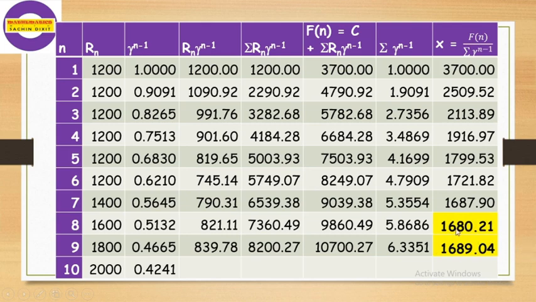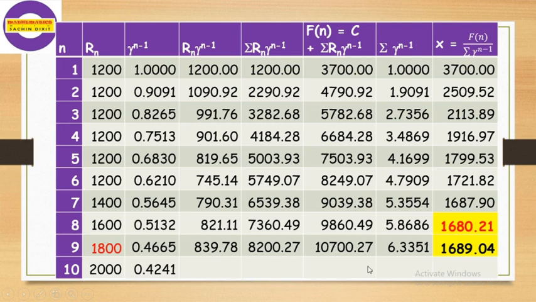It will be clear that this average cost starts increasing after the eighth year, in the ninth year. And also observe that this value 1680.21 and here it is 1800. Obviously 1800 is greater than 1680.